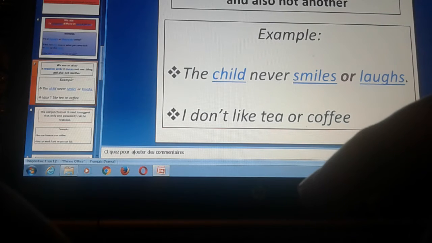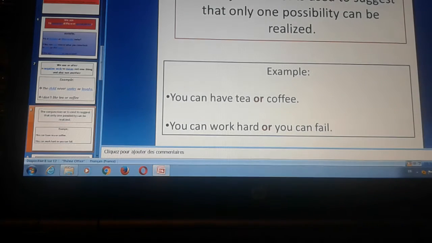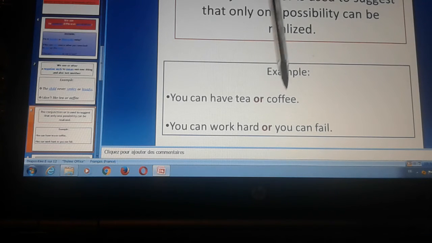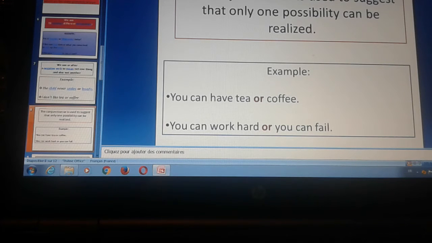another example. Here we have the conjunction or, used to suggest that only one possibility can be realized. For example, you can have tea or coffee. So we have here the choice between having tea or coffee. This is why we say this.